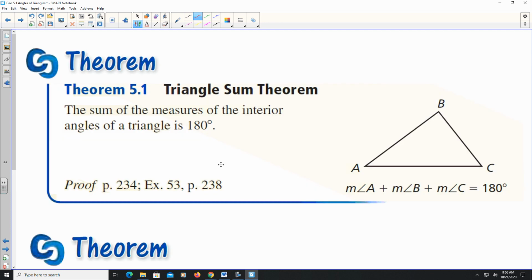We have a couple of theorems that are going to help us as we move forward with characteristics of triangles. First one is the Triangle Sum Theorem. If you have the interior angles of a triangle and you add up all of these interior angles, the sum is always going to be equal to 180 degrees.